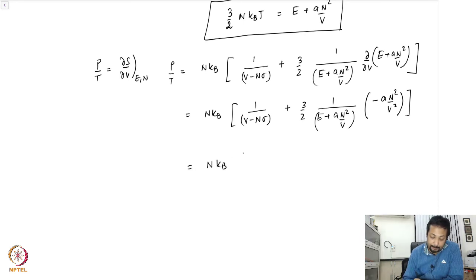N k_B times 1 over V minus N sigma, plus 3 by 2.